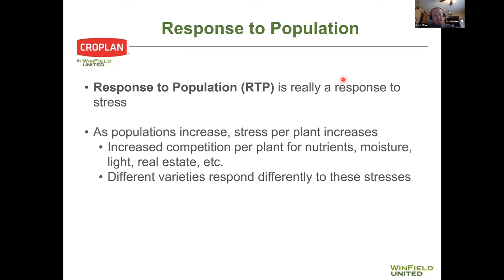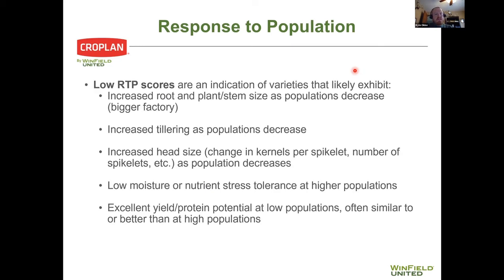And some varieties handle that really well, just like the corn, where you see the same wheat head size and the same spikelets per spike, all that. But some of them really suffer from that. And then you have our low RTP ones that we found do better when you plant them at lower populations. For example, in North Dakota we're seeing a lot of 1.6 to 1.8 million plants per acre. That's been a very common live planting population for us.